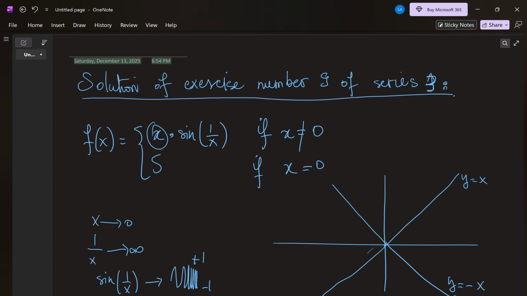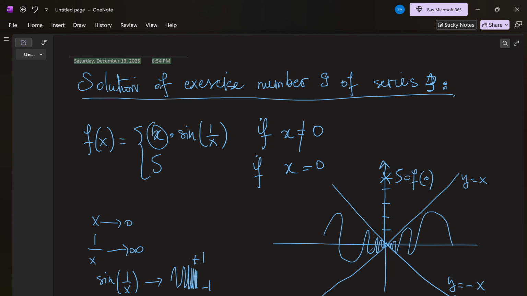So, when approaching 0, the function will be something like this, between those two lines. But at 0, we have the image of f of x equal to 5. Here this is f of 0.